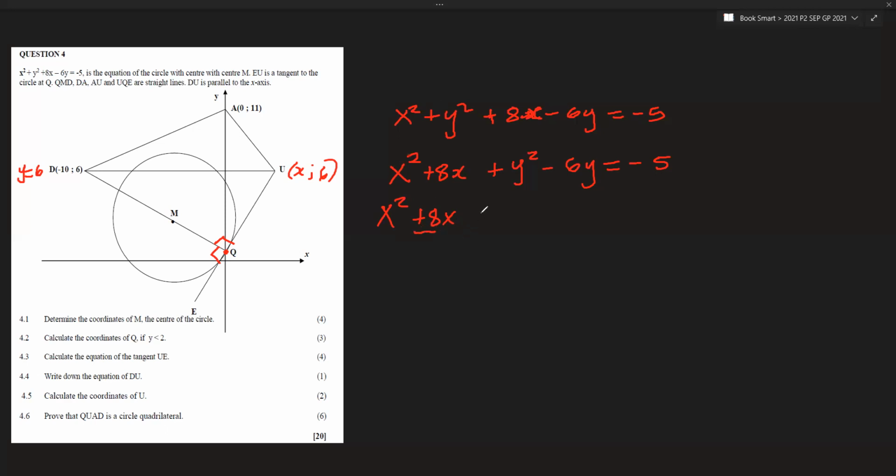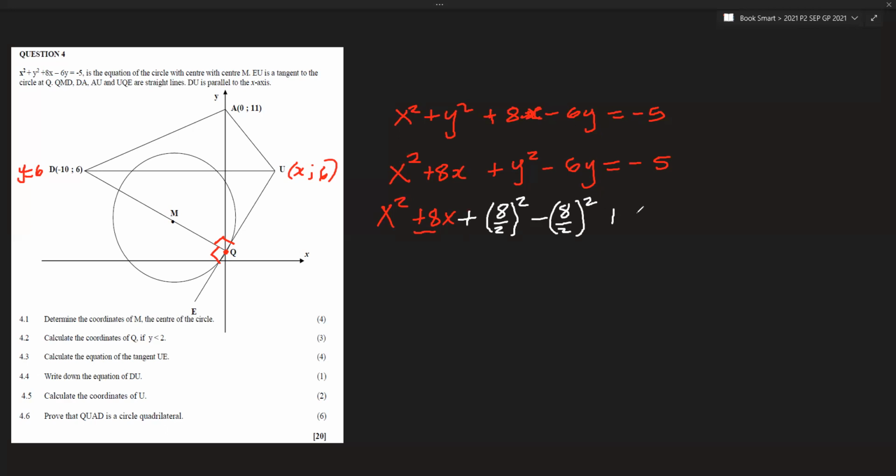You always start with a plus. Then you take your b, divide it by 2, and square the answer. Then you have to minus whatever you added so that you don't change the meaning of the equation. So it's 8 over 2, squared.